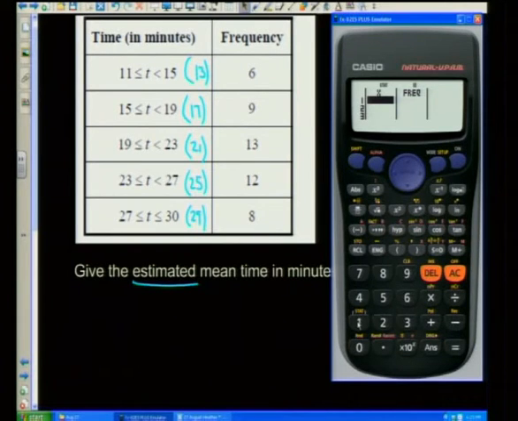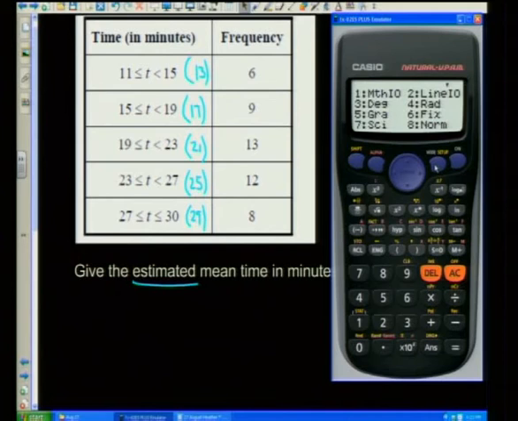If you don't have the frequency column, then what you need to do is go back to Shift Setup and then go down and choose number 3, and it'll ask you whether you want frequency on or off.